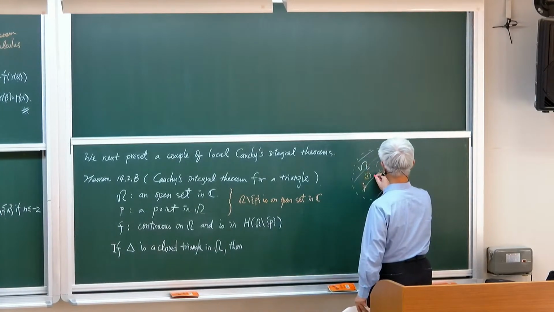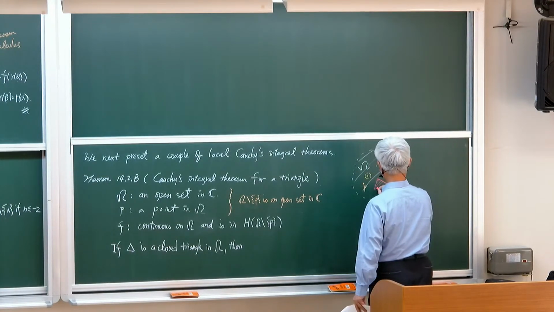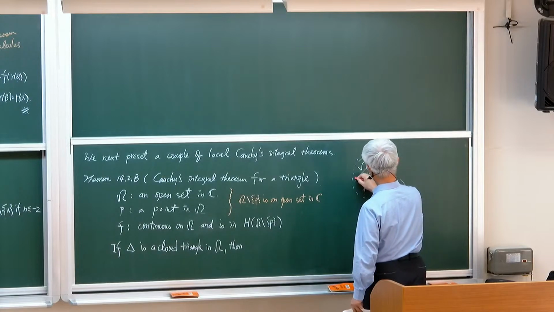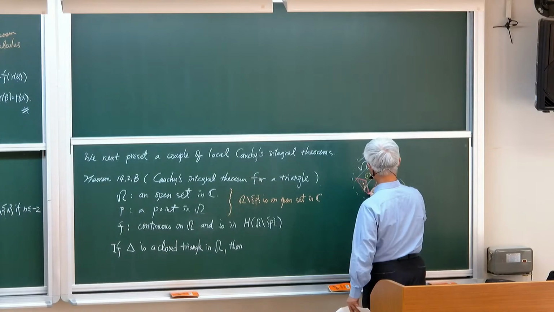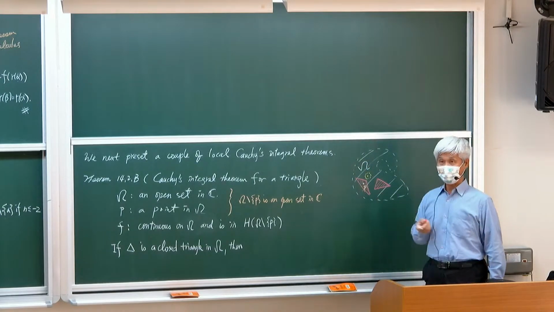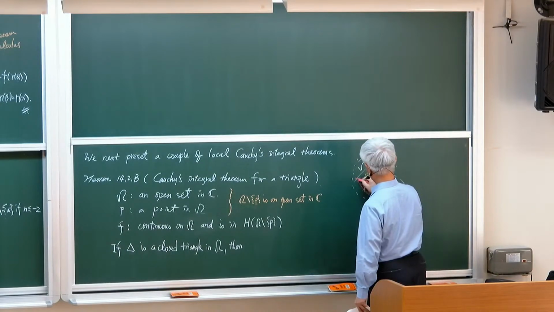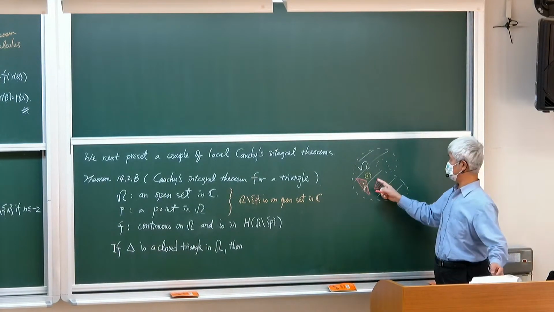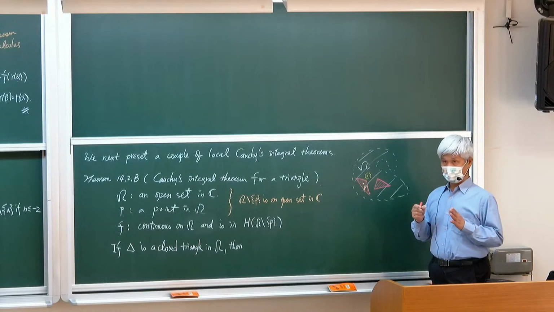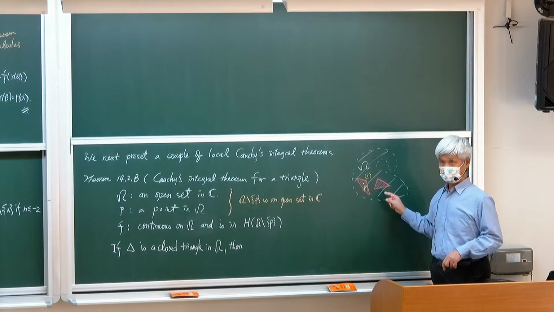This is a triangle in omega, or another triangle. The triangle may contain P or may not contain P, but the triangle should be contained in omega, and closed means that this closed triangle will include its boundaries, its three sides.